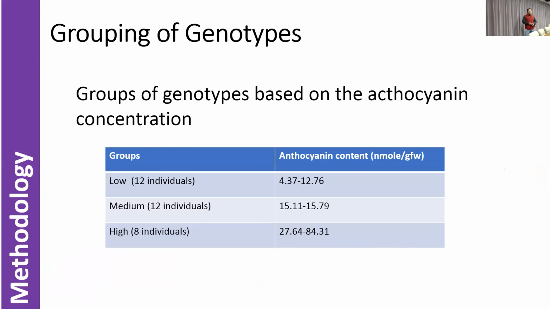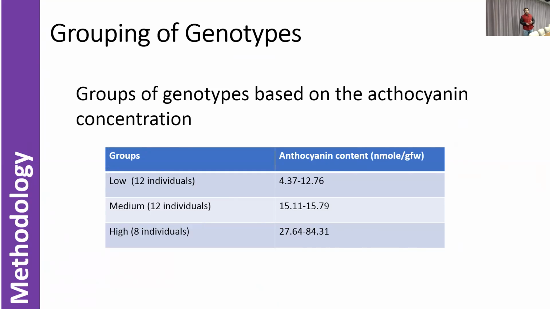The low group contains anthocyanin from 4.3 to 13 nanomole per gram fresh weight. The medium group ranges from 15 to almost 16 nanomole per gram fresh weight. And the high group contains anthocyanin from 27 to 85 nanomole per gram fresh weight.